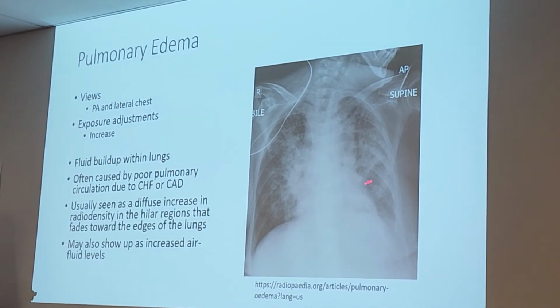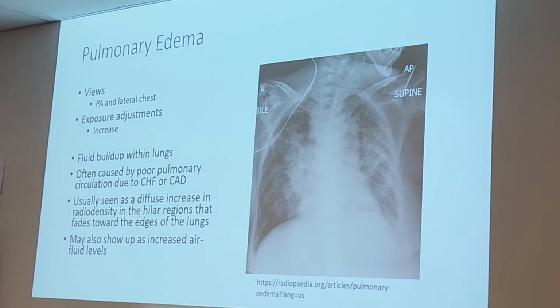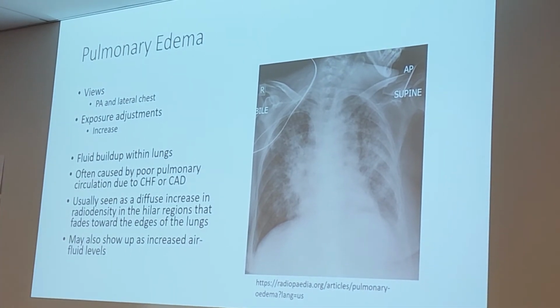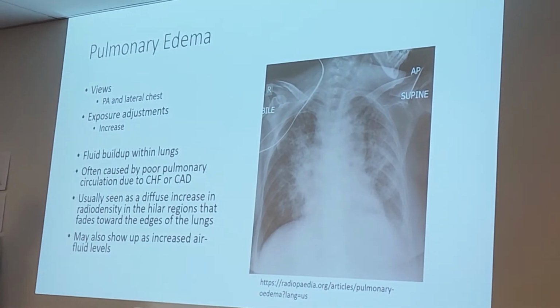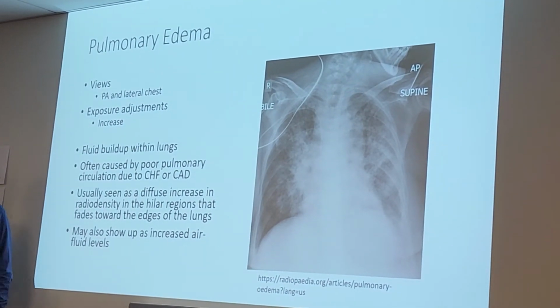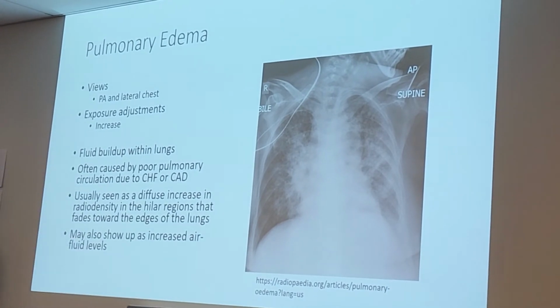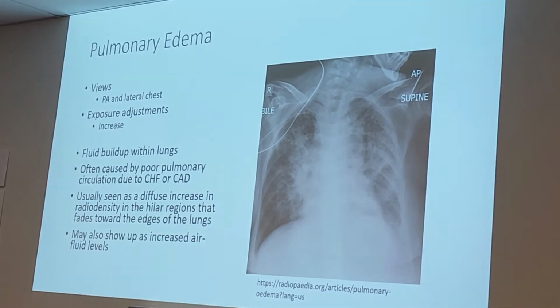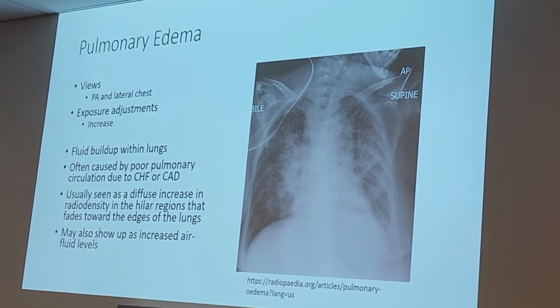See how it's a lot brighter than you're used to? That's because of all the fluid in that region. They also show up as increased air fluid levels. Once again, because we do have fluid here, you may see some air fluid levels. So are we okay with pulmonary edema here?